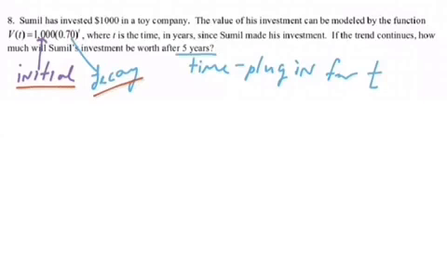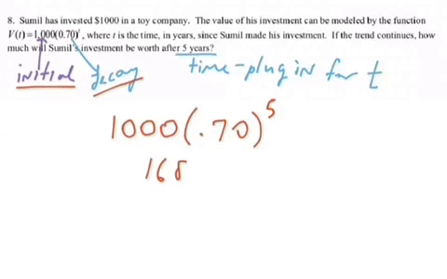The 5 years then would be representing the time. So in order to do these questions, you would just want to take your time, which is 5, and plug it in for your exponent. You would type that entire thing into your calculator and get $168.07. Since it's money, you should have 2 decimal places for that.